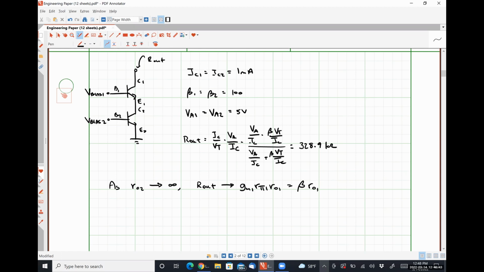So effectively, if we were biasing our circuit with an ideal current source, right?